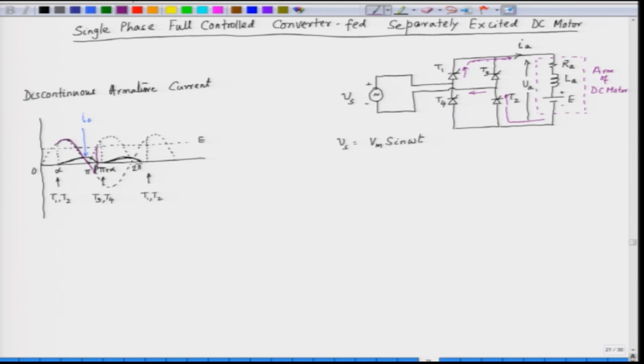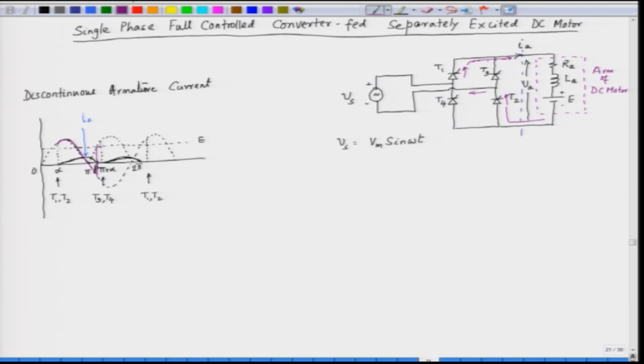When the current is 0, the circuit is disconnected, the source is disconnected from the load. So, the output voltage will be the same as the back EMF. In this case the voltage here is the same as the back EMF.